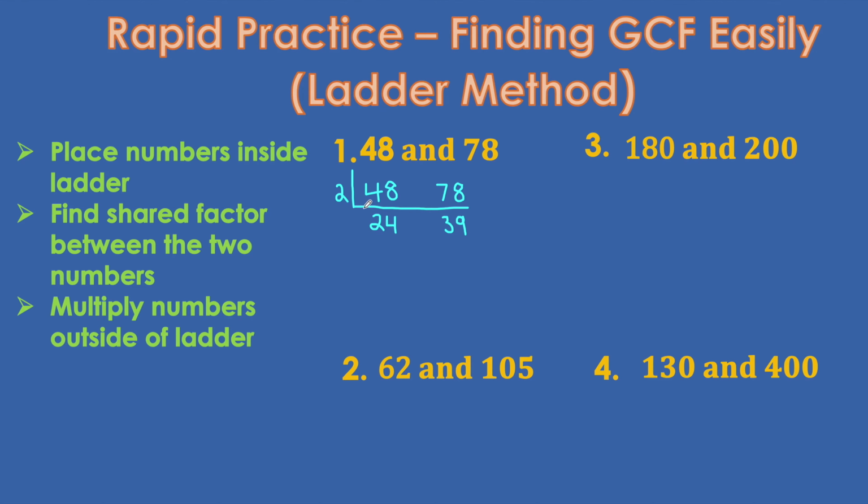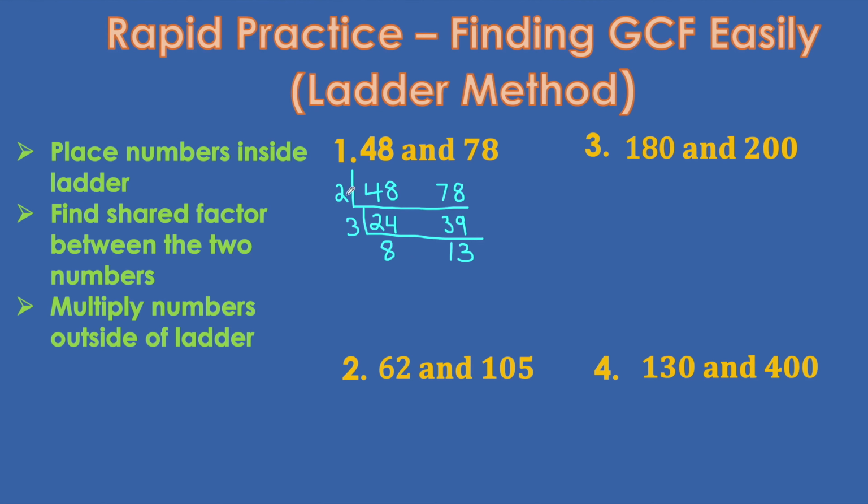So we are going to draw another ladder sign. Put 3 on the outside. 3 goes into 24 8 times. 3 goes into 39 13 times. Now we are finally finished because the only common factor between 8 and 13 is 1.